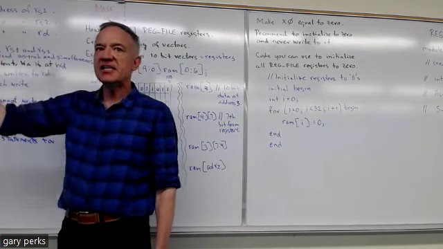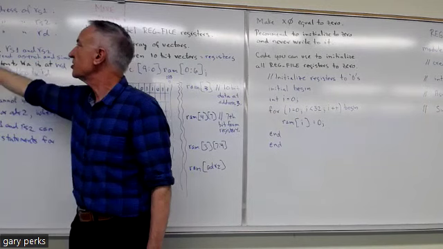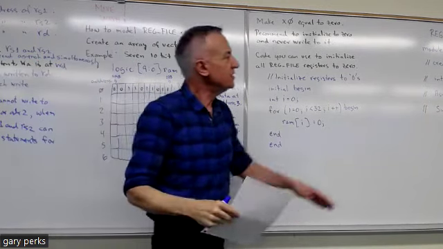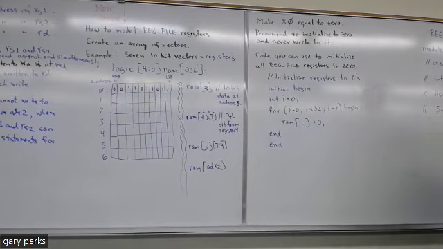WD is where the data is that we're going to write into the destination register, and WA has the address of the destination register. So you need the code that does that synchronous write to the destination register. And here's where you have to think: don't write register 0.